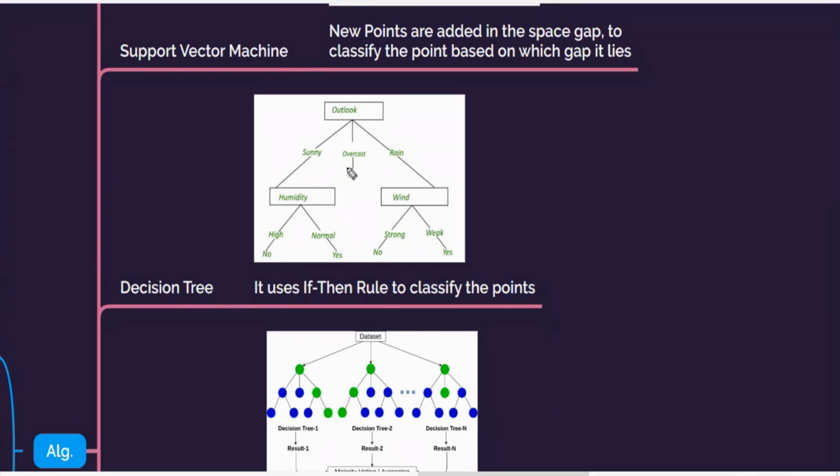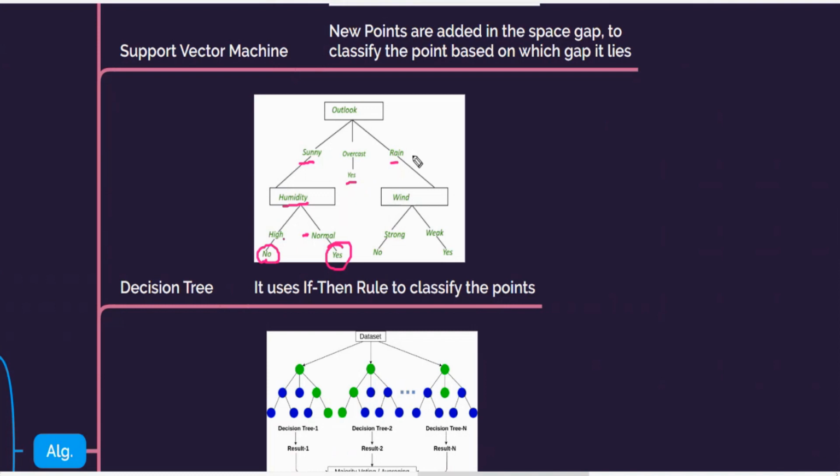If I say overcast, it will say yes, you are allowed to go out. But if I say sunny, it will ask another question: whether the humidity is high or normal. If humidity is high, it will say no, you are not allowed to go out. If humidity is normal, then you are allowed to go out.